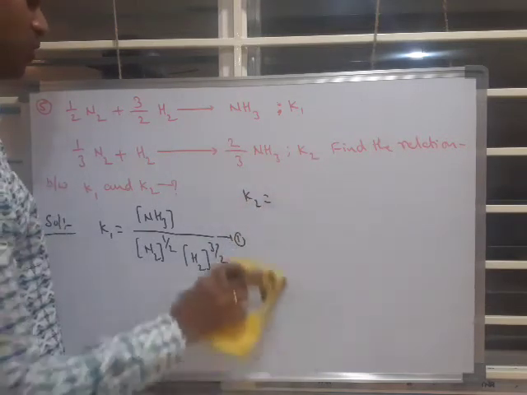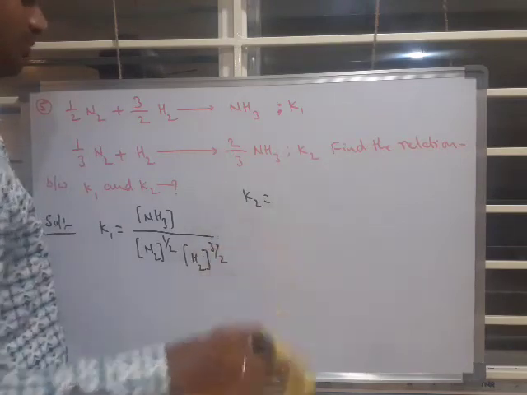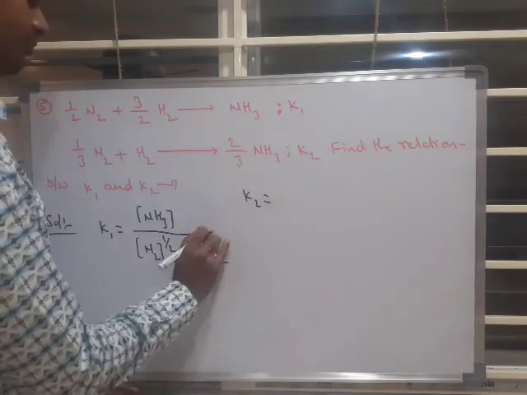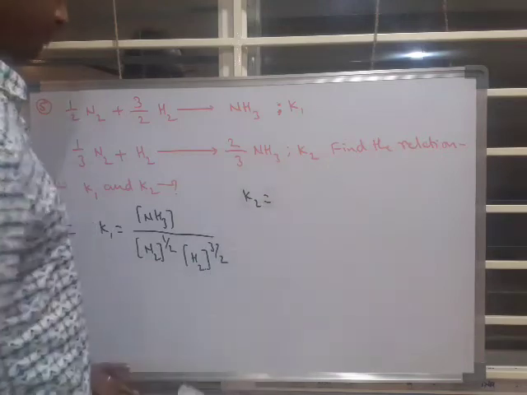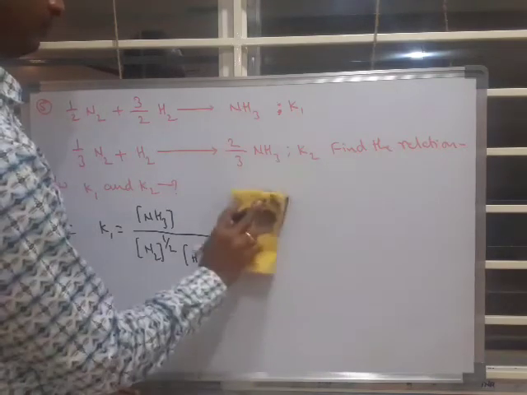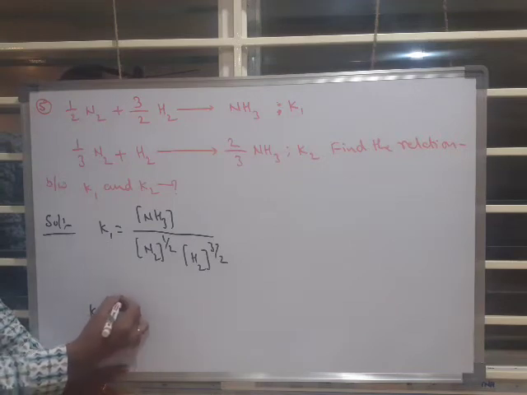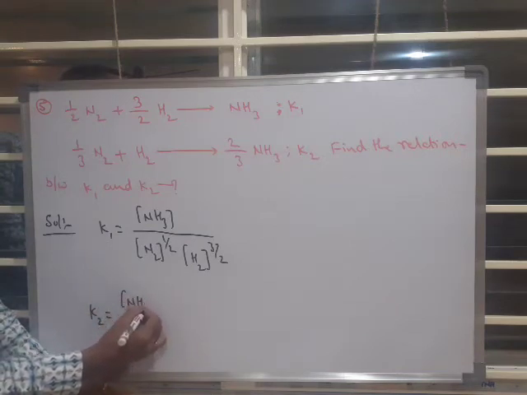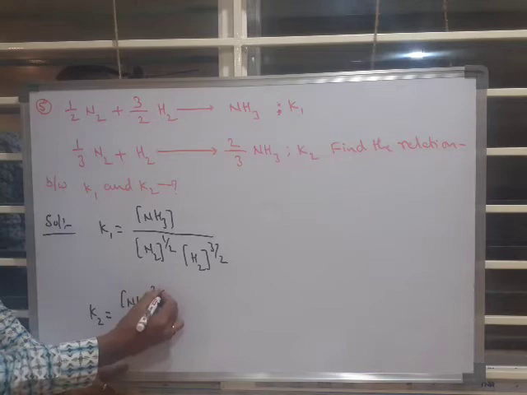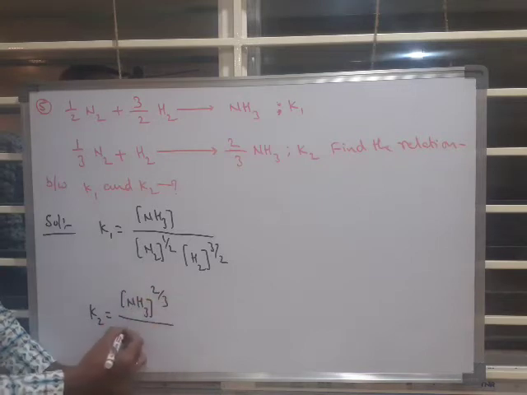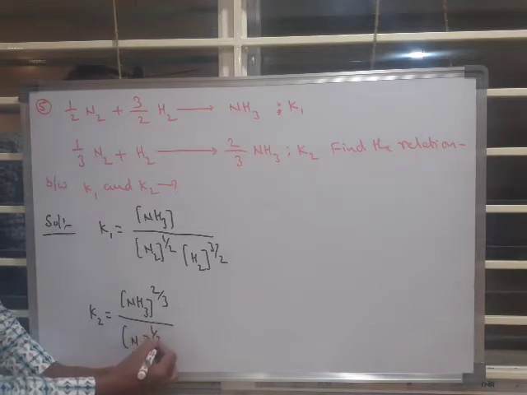For K1 and K2 there is no need to write the equations again. So what is K2? NH3 power 2 by 3, divided by N2 power 1 by 3, H2 power 1.